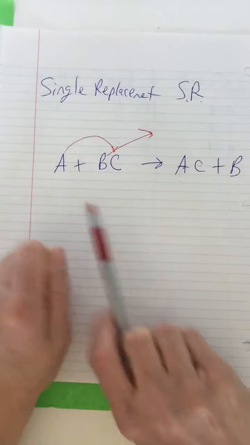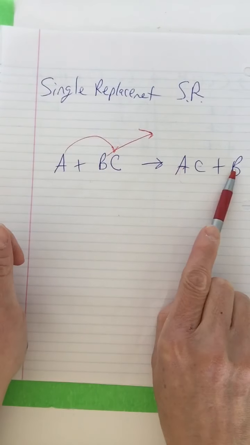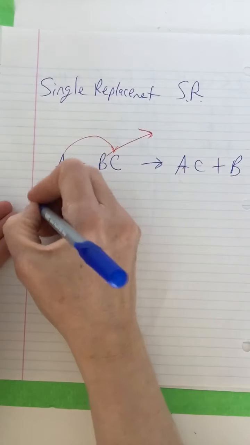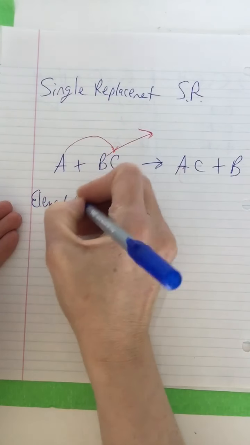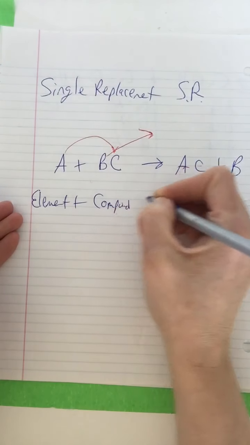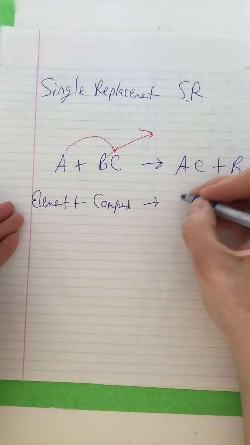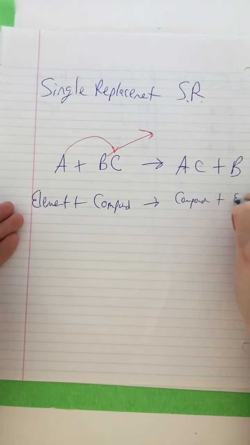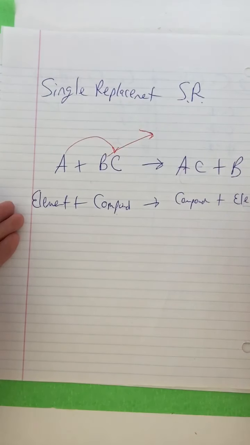He got the boot. So this is how this goes, okay? This is element plus compound yields compound, which is a new compound, plus element. A different element is alone, all right?